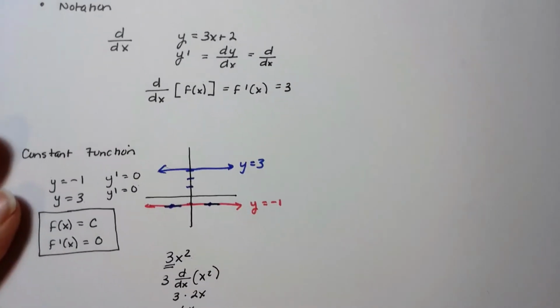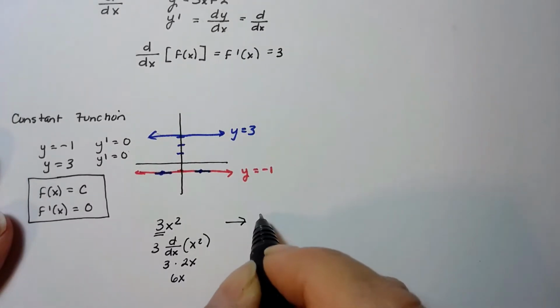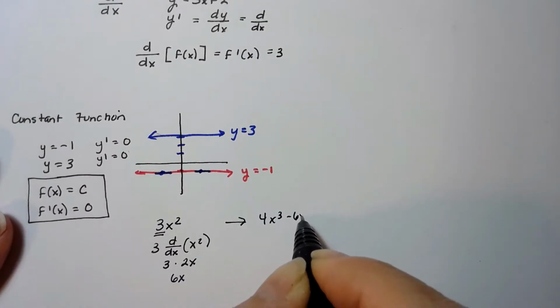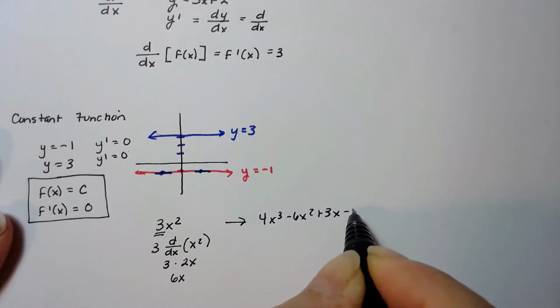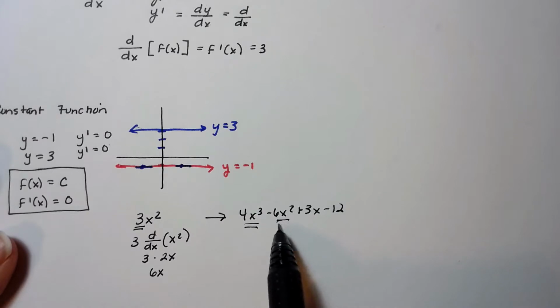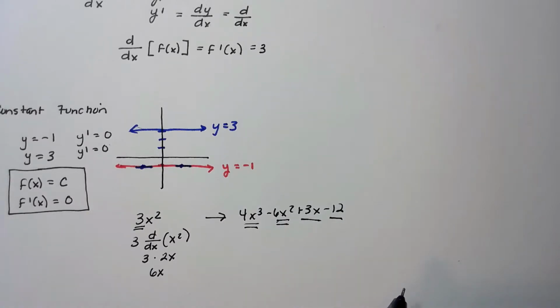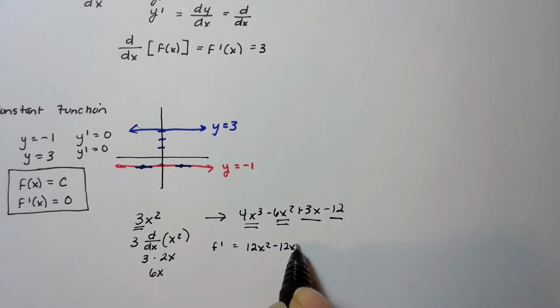So, these polynomials, just a side note here, I don't know, 4x cubed minus 6x squared plus 3x minus 12 or something. This is the cubic term, this is the quadratic term, this is the linear term, and that's the constant term. Okay, so again, when we take the derivative using the power rule as we went over in class, we'd say, well, f prime is equal to 12x squared minus 12x plus 3.